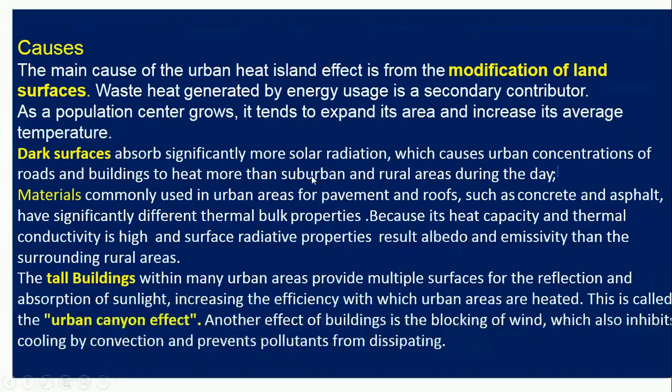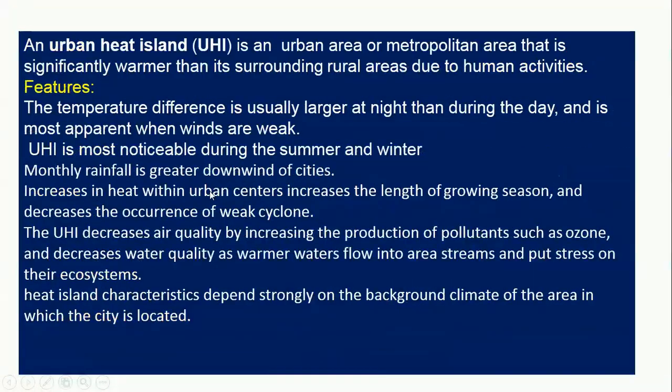There is an increase in heat within the urban centers, because in the central part there are many buildings laid very close to each other, so there is an increase in temperature, and sometimes a weak cyclone occurs due to the high temperature. Not only that, the weak cyclone occurs in the city areas, and the urban heat island decreases air quality.